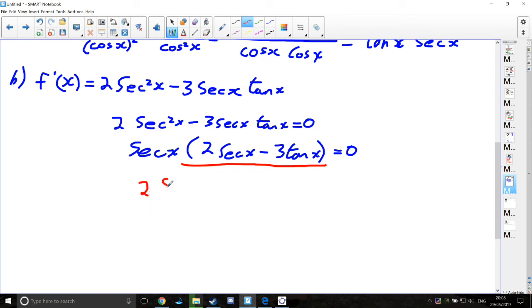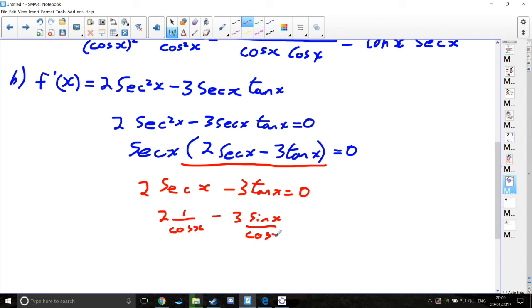So, 2 sec x minus 3 tan x equals 0. Okay, so rewriting this out a bit more, we get 2 1 over cos x minus 3 sine x over cos x, and you might be able to see where I'm going with this now, equals 0.